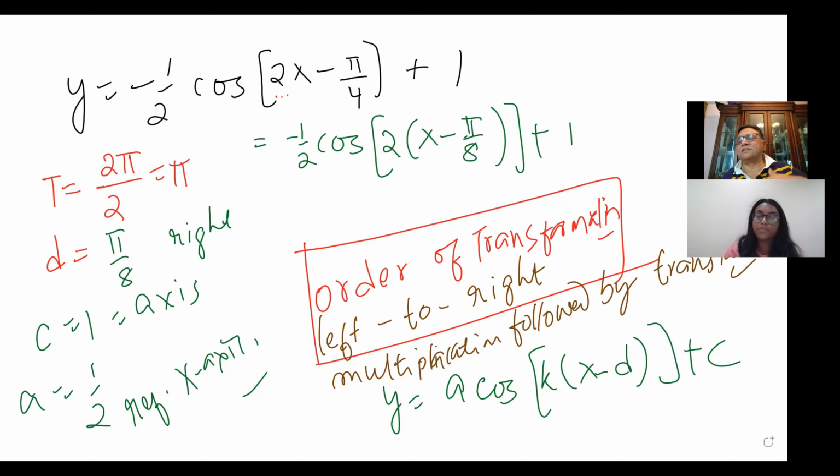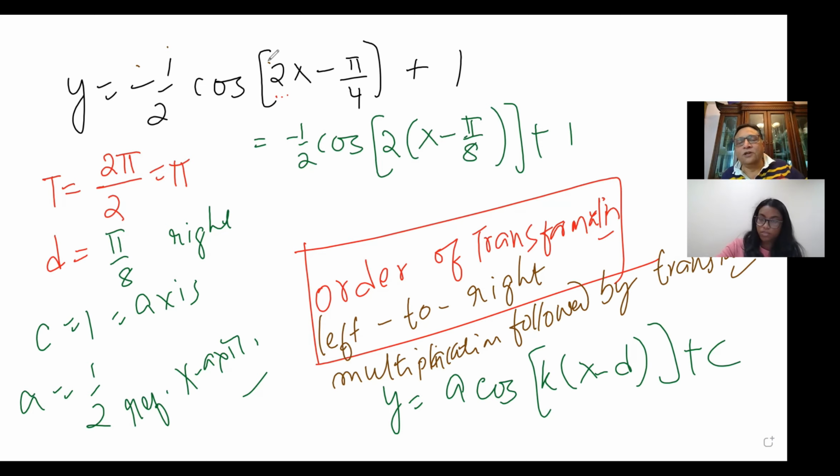Multiplication I wrote because it is reflections, stretches, and compressions. Followed by, like a rule, BODMAS rule, order of operation. You get the idea. But if you move from left to right, automatically these factors are multiplication factors, and the later two factors are translation factors. You will never make a mistake.